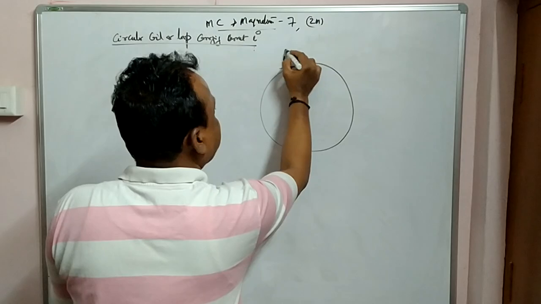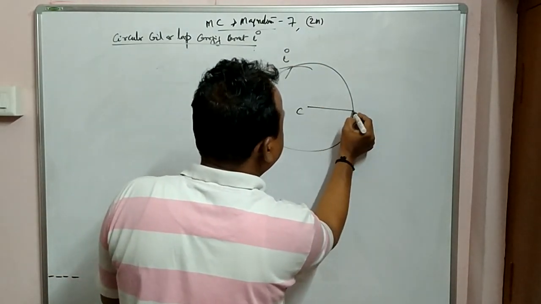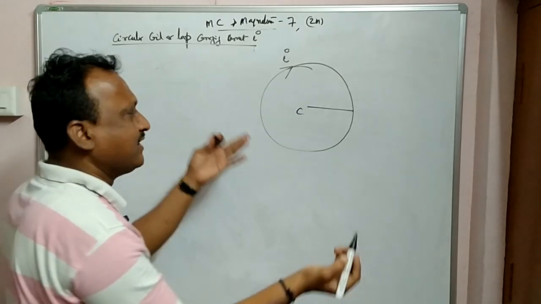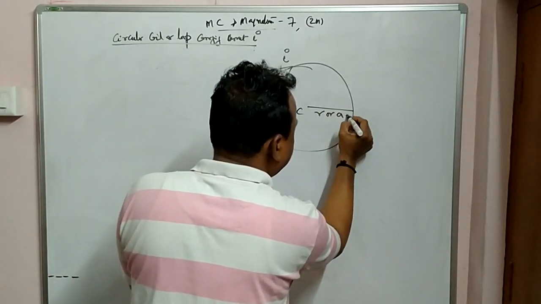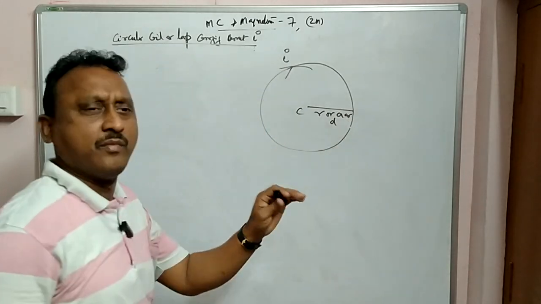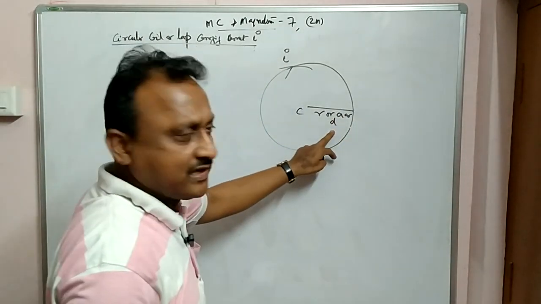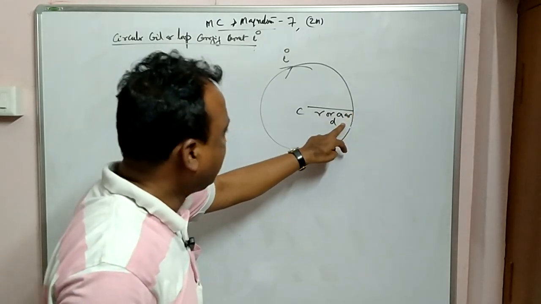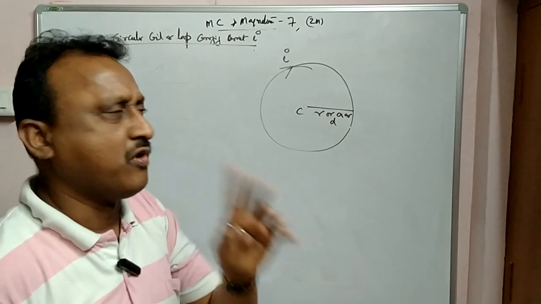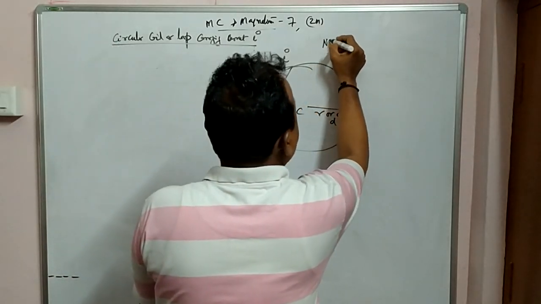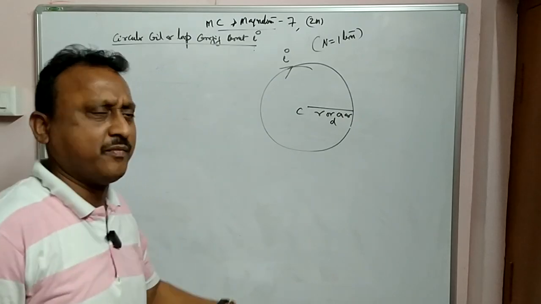Suppose this is the direction of current, this is the center C, and let this radius be A or D, anything, R అయితే R. ఎందుకంటే generally D వాడుకుంటున్నాం మనం. D వాడితే take the radius as D. If you are taking A, put it as A. If you are using R, use R. So this is a coil having only one turn. For n turns, you can extend the formula again.